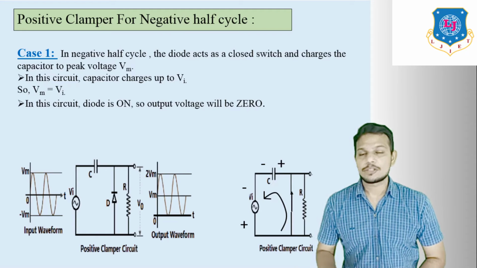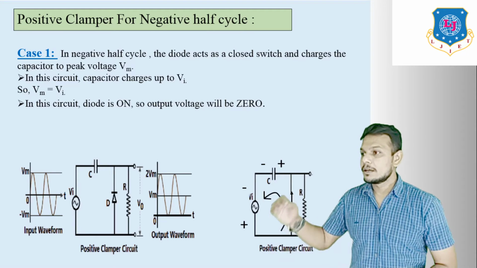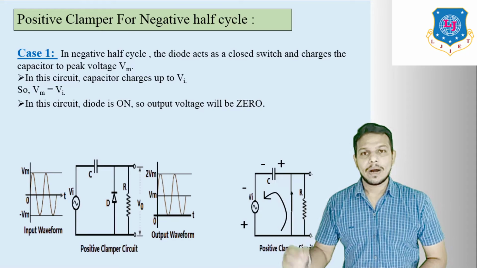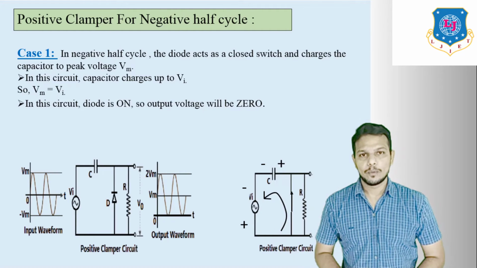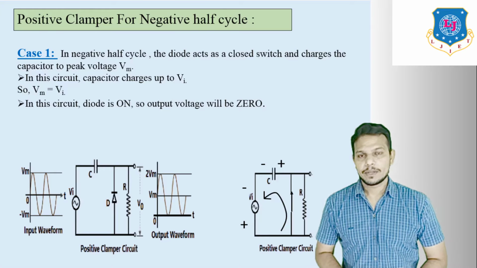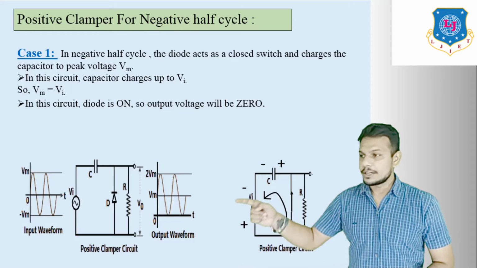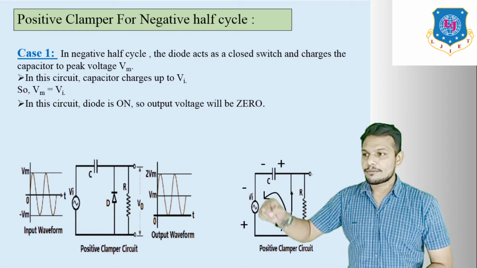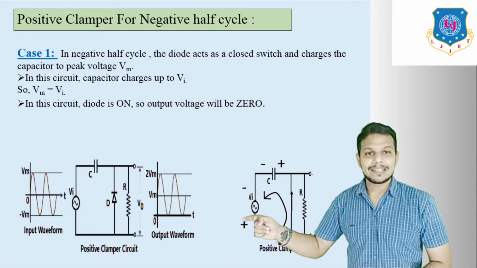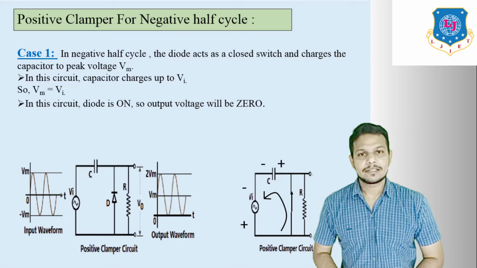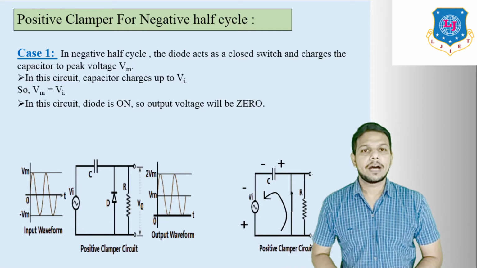In this circuit diagram, the diode is working in forward bias. That's why it becomes a closed loop. So the output voltage will be 0 because current always flows from this side. Here we can see current is flowing through the low resistance. There is one resistor connected across the diode.